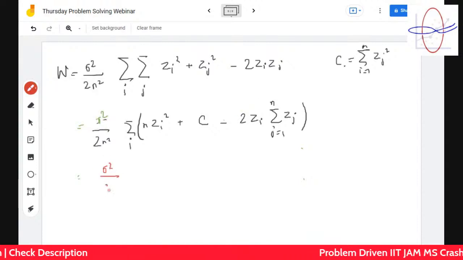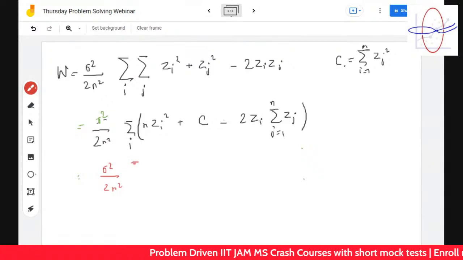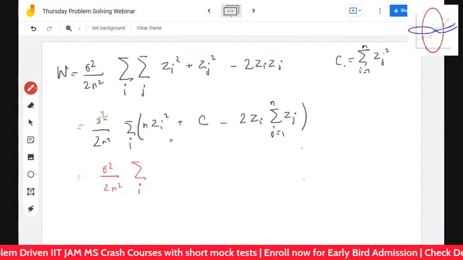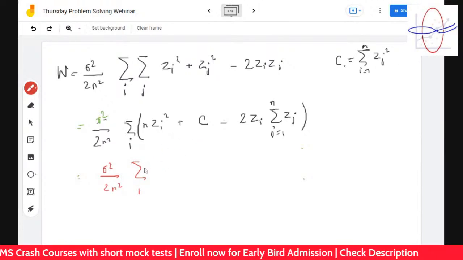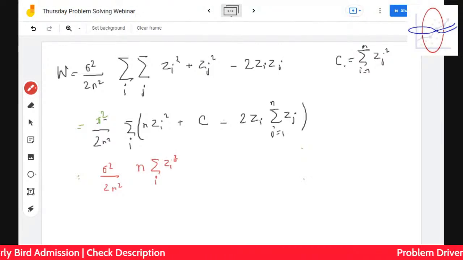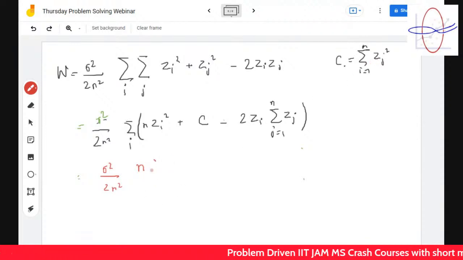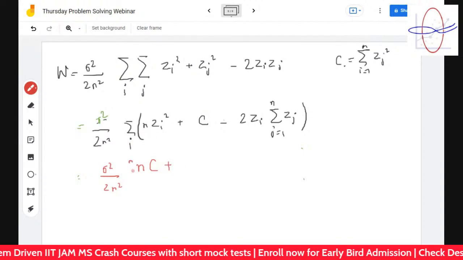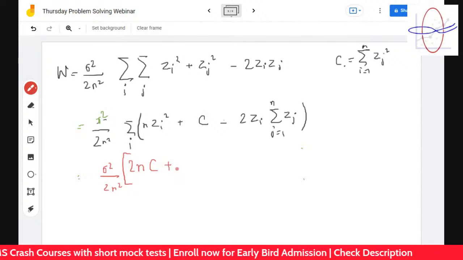Otherwise we have to do it in terms of x bar. So if you check it over here, if you just do the summation now, it's nothing but again n times summation over i of zi square, which is nothing but C. So you can write it as n times C plus, again, it's just constant C with respect to i, so it's again n times C. So you get 2nC.